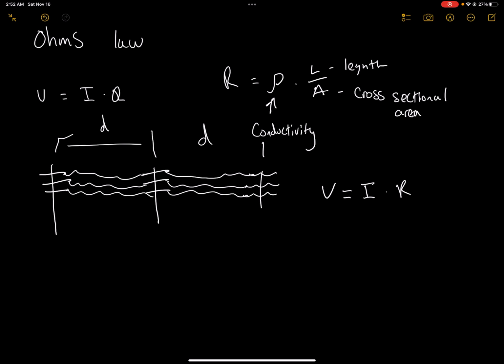The distance between these two is d, but between these two here is 2d. The distance is longer, and because the length increases, so does the resistance of the wire. And when resistance goes up, then the current stays the same, so the voltage has to drop.